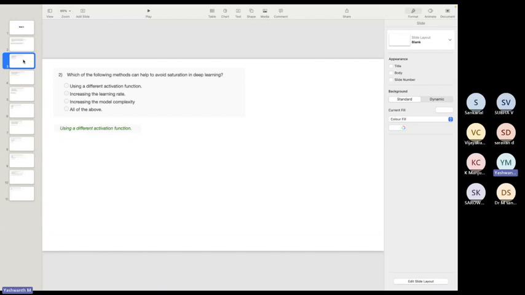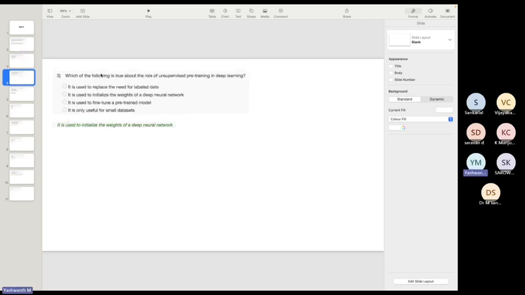Even there, it assists in vanishing gradients. So typically you change your activation just to avoid saturation problems.